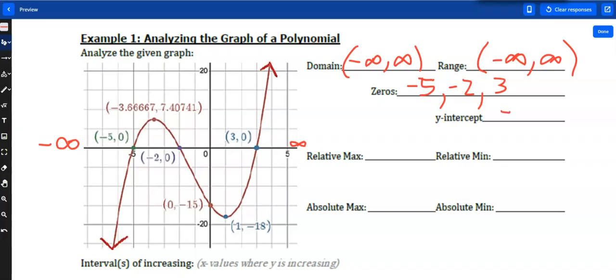The y-intercept is at negative 15. Relative max, 7.41. Relative min, negative 18.